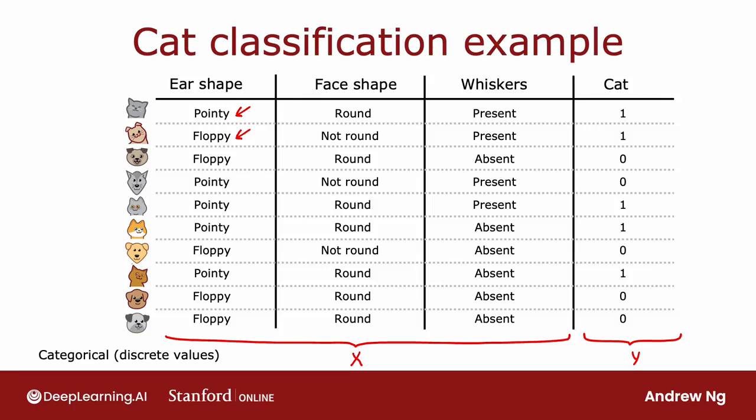The face shape is either round or not round, and whiskers are either present or absent. And this is a binary classification task because the labels are also 1 or 0. For now, each of the features X1, X2, and X3 take on only 2 possible values. We'll talk about features that can take on more than 2 possible values, as well as continuous value features later in this week. So what is a decision tree?